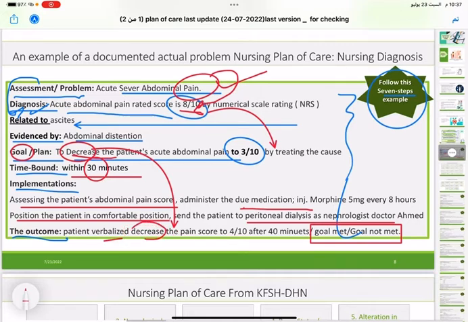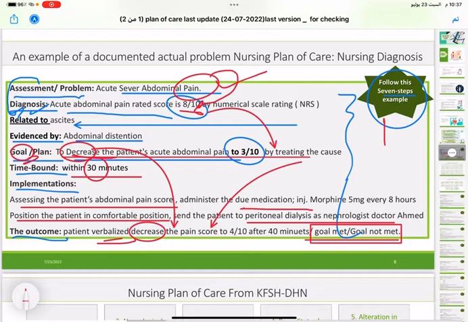Okay, clear. So the patient said it decreased, or verbalized that the pain decreased. So meaning you will write the goal is met. The goal is either met or not met. Or you can write the goal itself, what is the statement there, and write what happened to that statement. Okay, that is the meaning of the example here. I hope that it is clear for you.